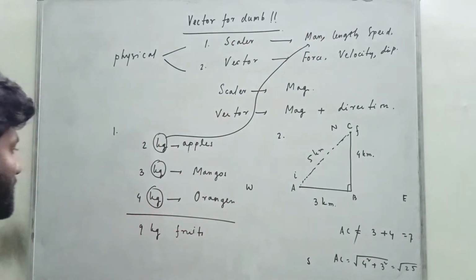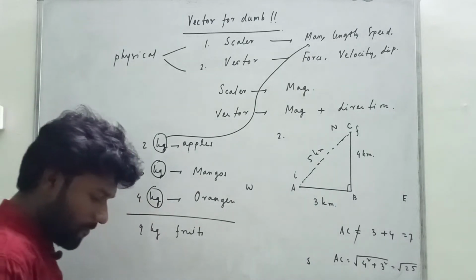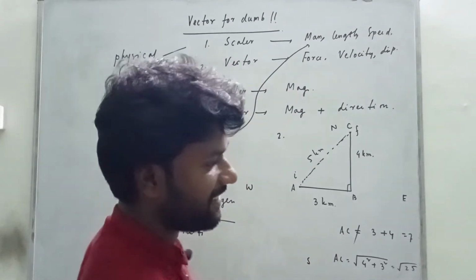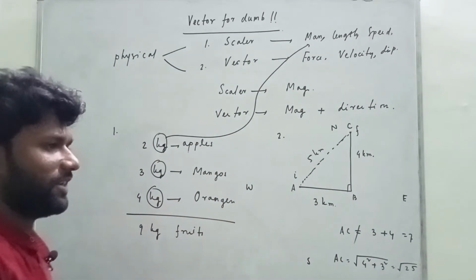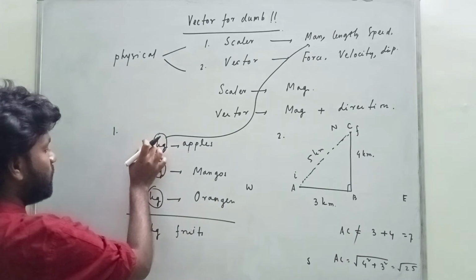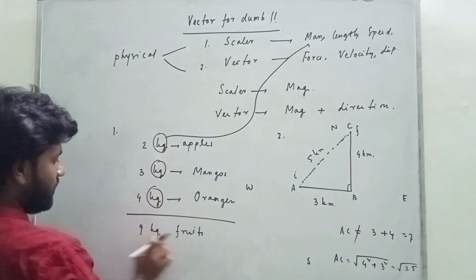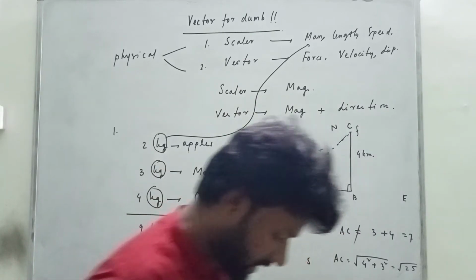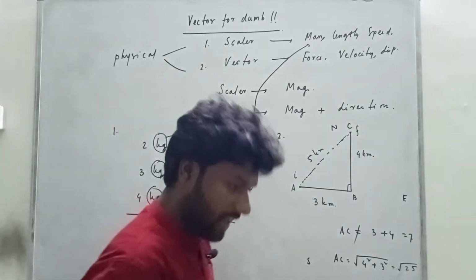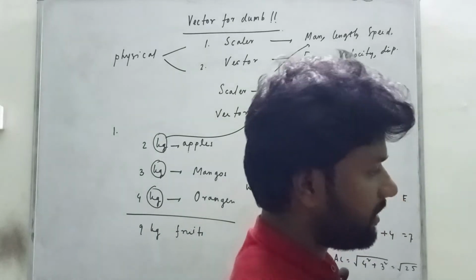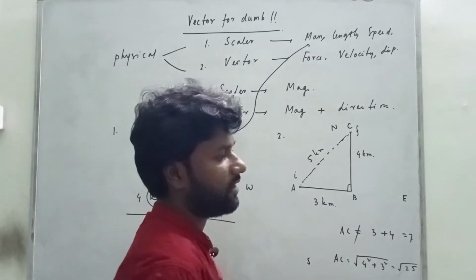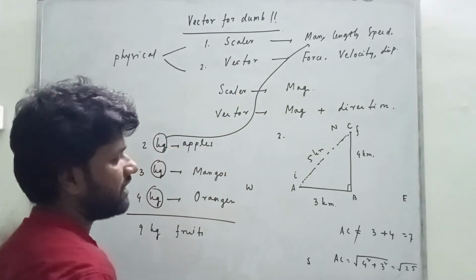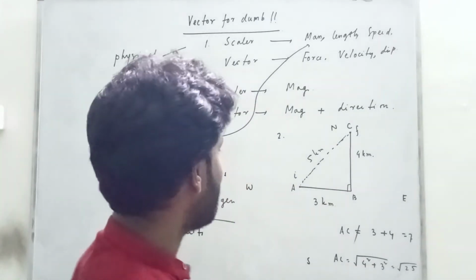The addition of scalar quantities follows your class 3-4 algebra, right? Just 2 plus 3 plus 4, that means 9 kg. All of you know this, it is called classical algebra. So the scalar quantity follows our normal classical algebra.